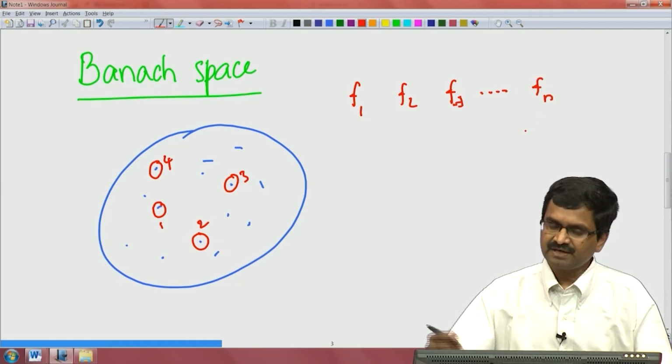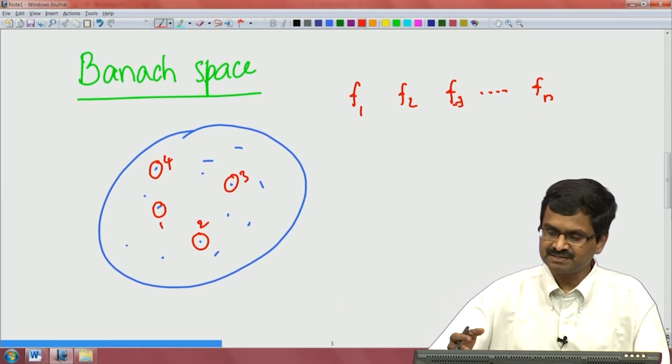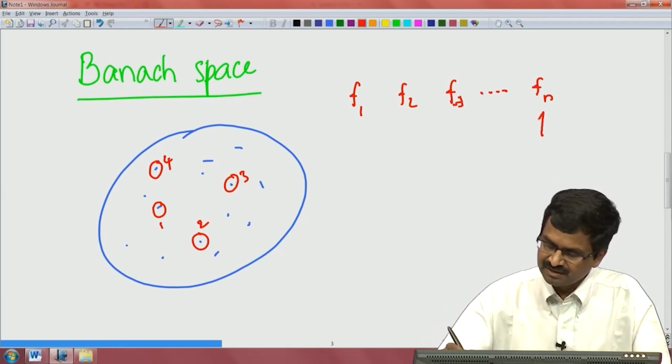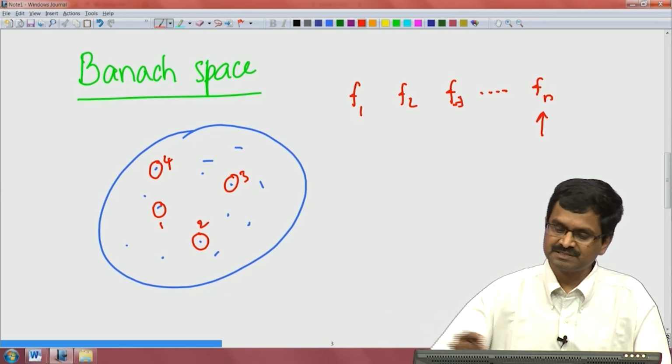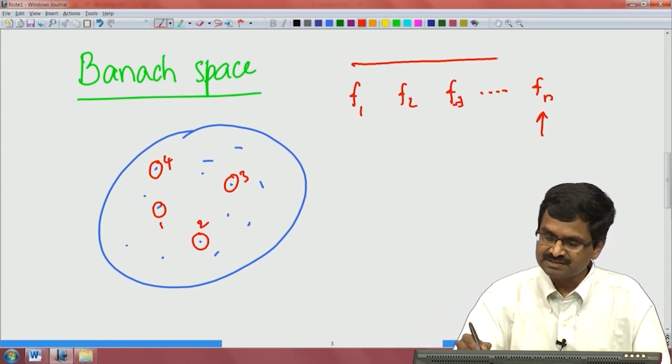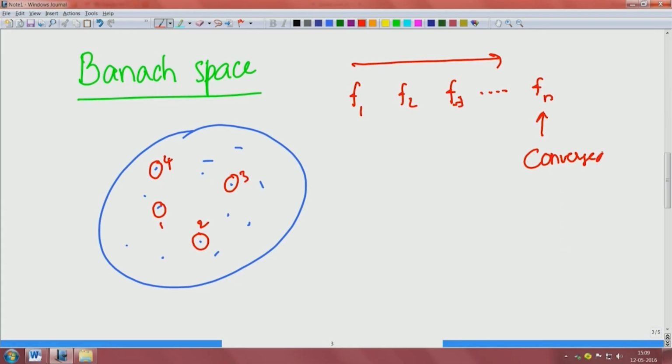So, let us say after that, however many more things I take, there will be a limit, in the sense that those functions will not be different from Fn plus 1, Fn plus 2, and so forth. That means that this sequence of functions has converged. Okay, Fn plus 1, they are all identical. So, Fn plus 2, they are all the same, let us say almost the same within some tolerance, right.